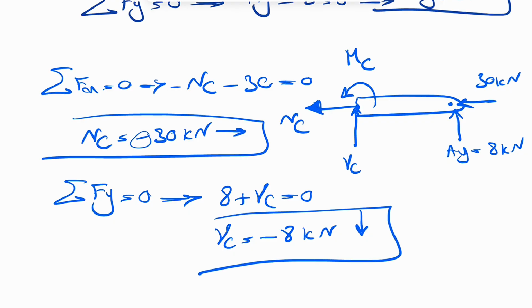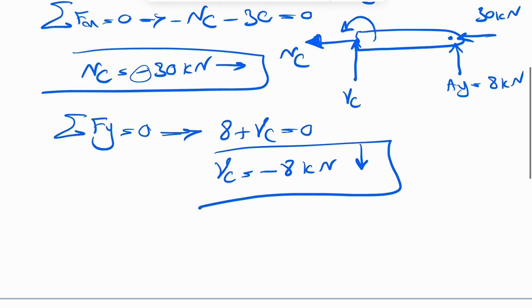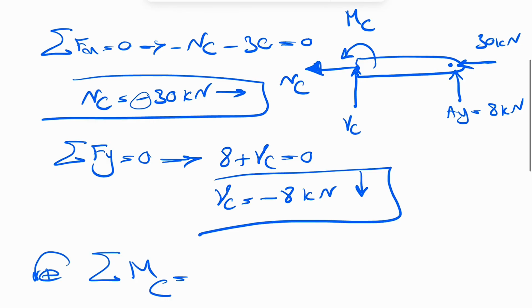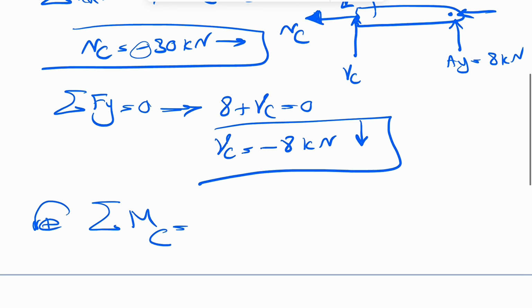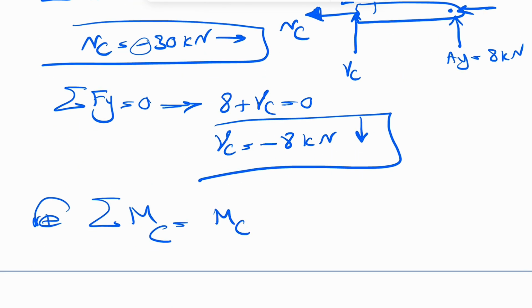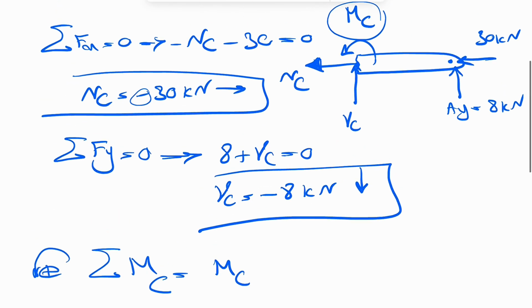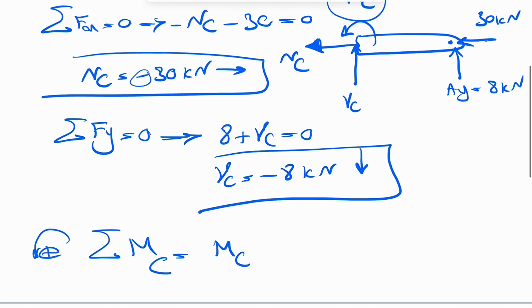So now we have everything. We just have to find the bending moment. You can go with either point C or point A, it really doesn't matter. Let's do the moment about point C, counterclockwise positive. First, we have MC, the bending moment we are looking for. I'm going to show it as MC, and we assume positive counterclockwise, so we'll see if it's correct or not.